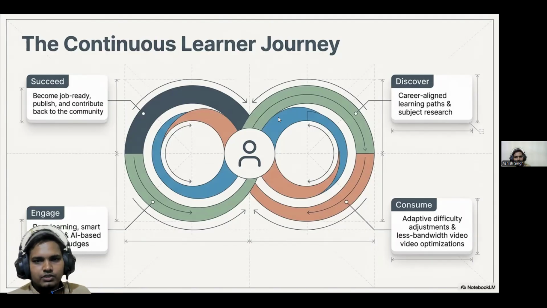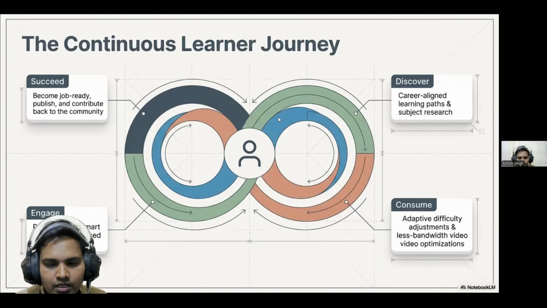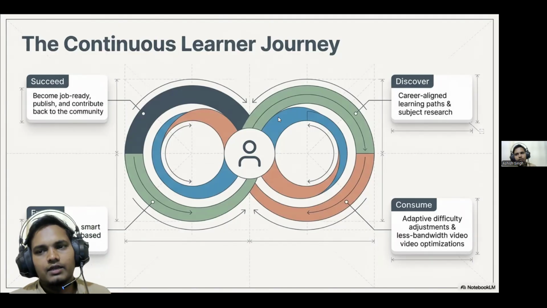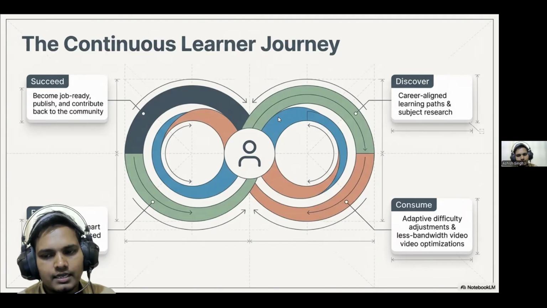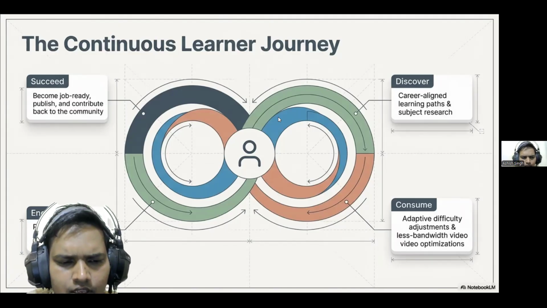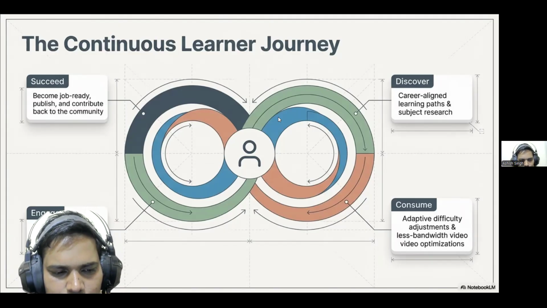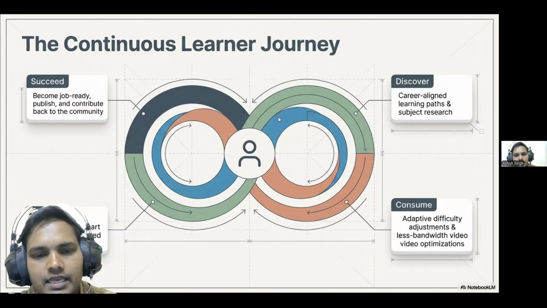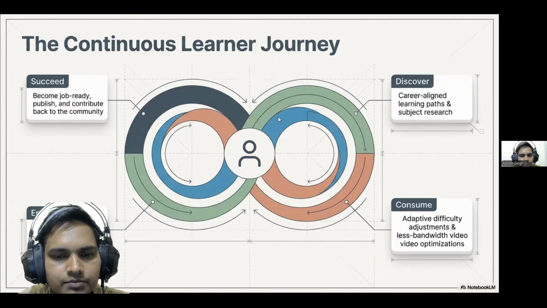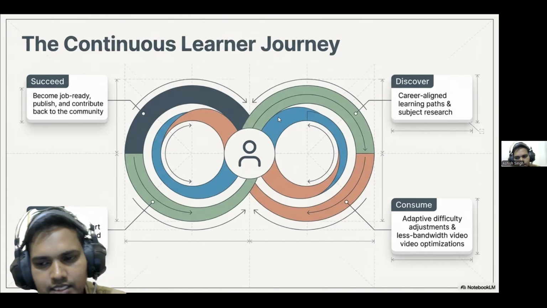The second is that the platform should help them discover their learning paths and career-aligned options. The third is engagement: peer learning, smart practice, and AI-based progress nudges. All this AI is there to keep the learner at the center, because the learner is the first and most important element of this assignment.